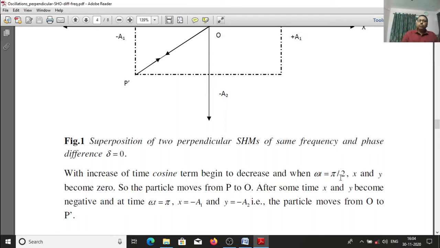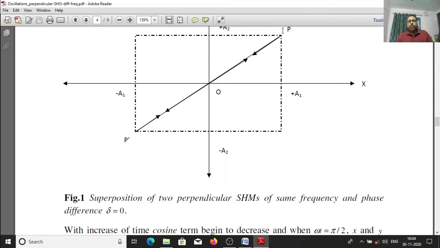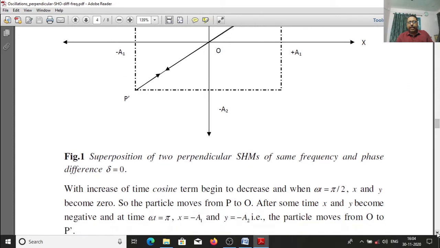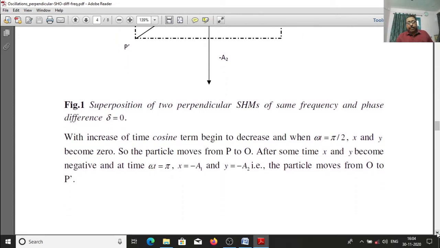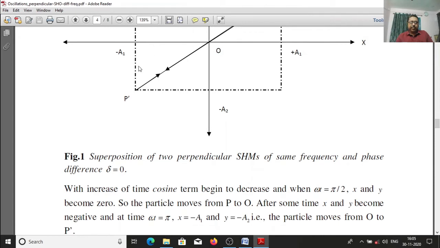So the particle moves from P to O. Again, when time increases, when omega t equal to pi, then x equal to minus a1 and y equal to minus a2. That is, the particle moves from O to P prime.